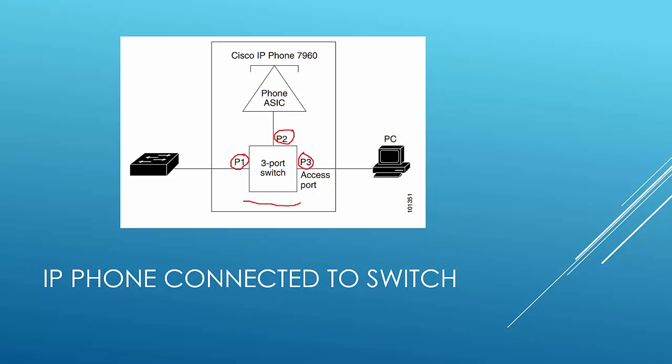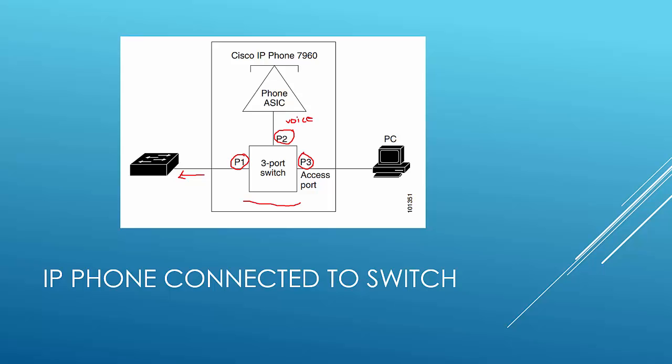Port 1 will connect to the switch or any other device. This is port 1, connecting to the switch. Port P2 is an internal 10/100 interface that will carry the IP phone traffic, so it will carry voice traffic.